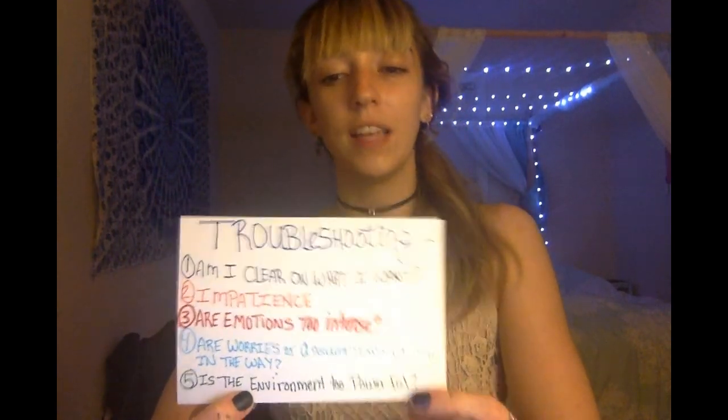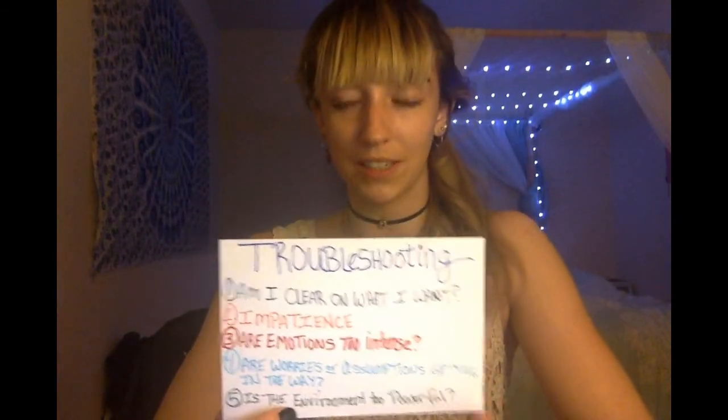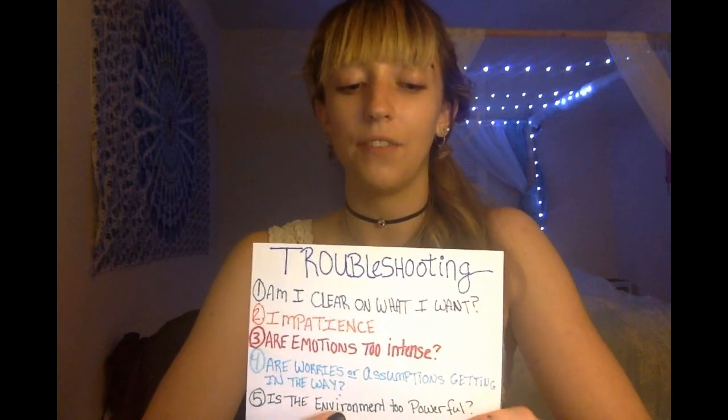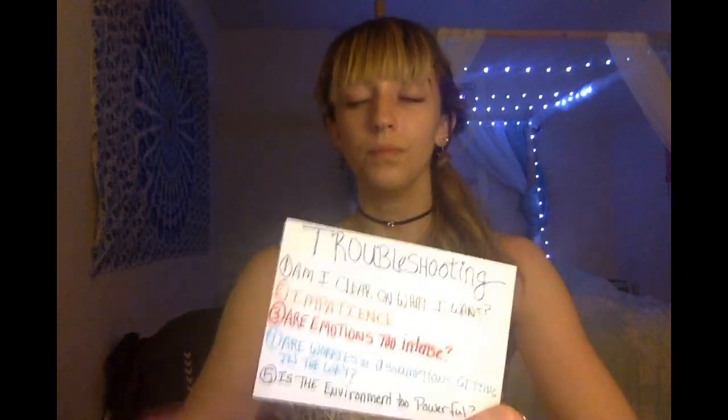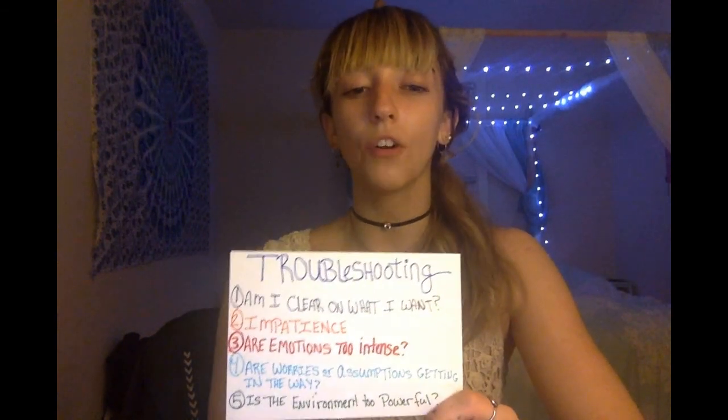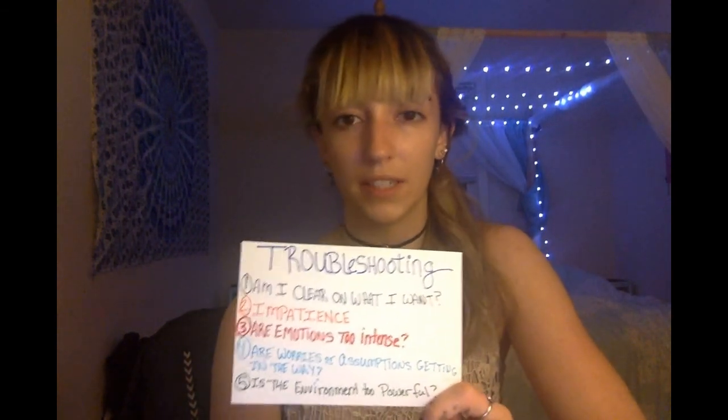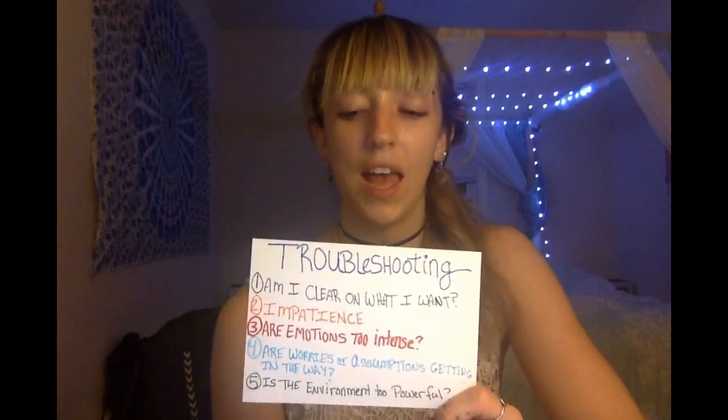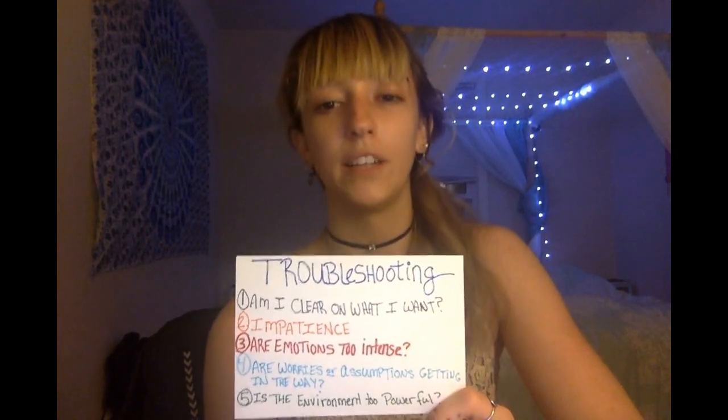And then finally, and this is sort of frustrating for me, you run into it at some point with all the skills, but it's asking yourself if the environment is just too powerful. So again, there are times when you can be incredibly skillful and just totally nail these skills and be really effective as a person, and the environment still might override you. And that's probably a time where you just have to radically accept things the way they are, which we sort of talked about in the introduction. But the theory is that if you keep ruminating on it and it can't change, that's sort of where the distress comes into play.